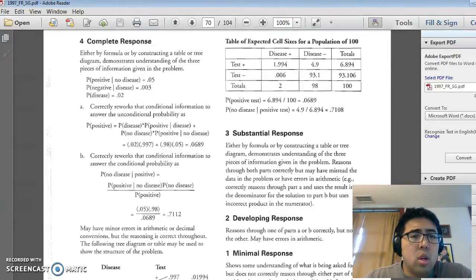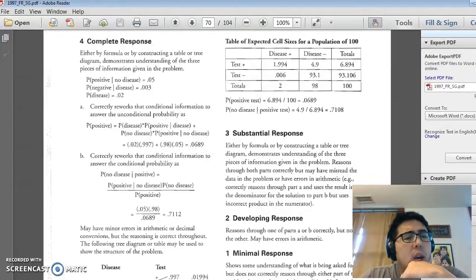formula or by constructing a table or tree diagram demonstrates understanding of the 3 pieces of information given in the problem. Positive given no disease, 0.05, negative given disease, 0.003, and probability of disease, which is 0.02. Okay.